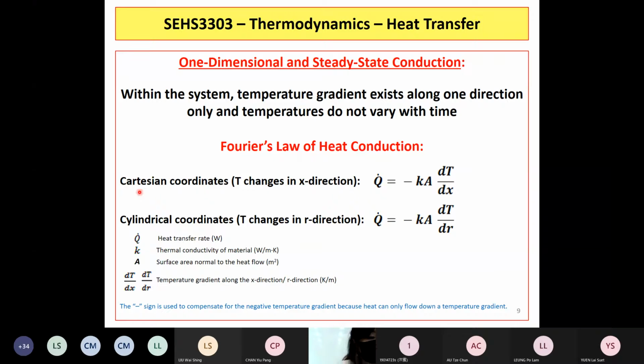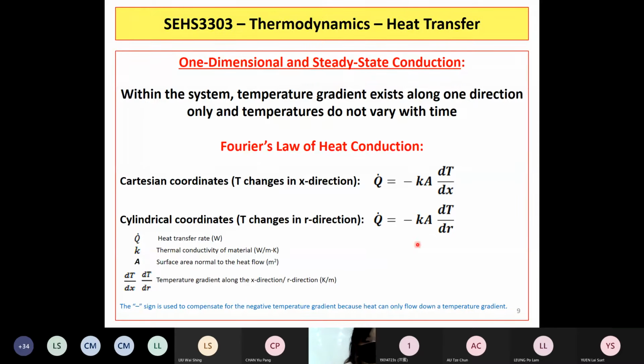If we have a temperature change in the X direction, that means we may have a plane or plate. Fourier's law should be this equation. If we have a pipe, a cylinder, we will use this equation here.